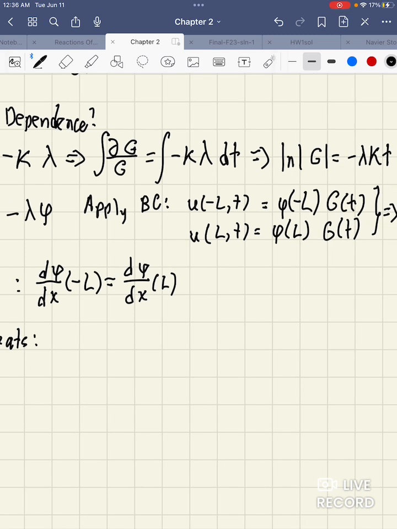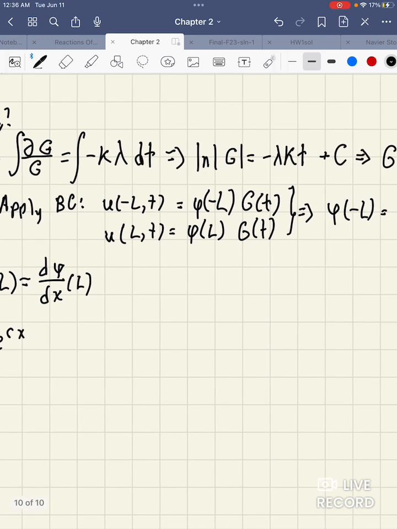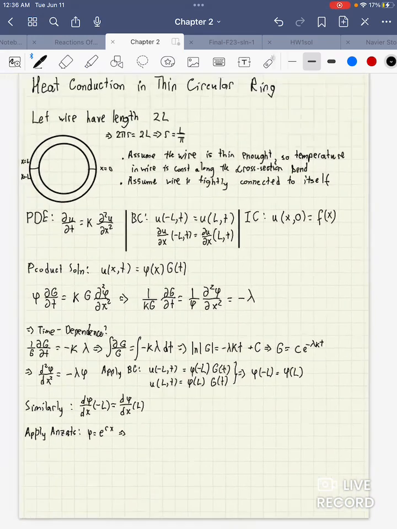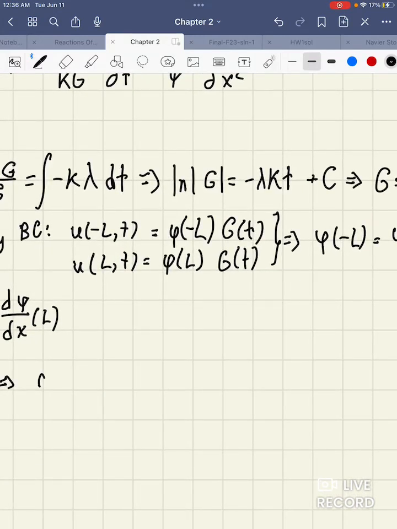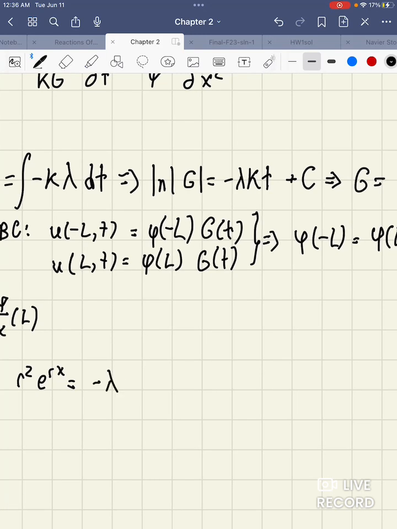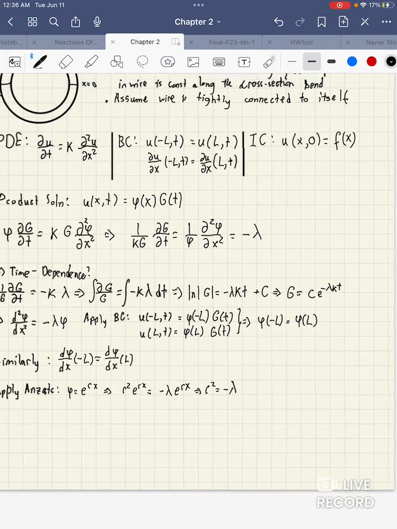Our ansatz is that phi is equal to e to the Rx. Therefore R squared e to the Rx is equal to negative lambda e to the Rx. So R squared is equal to negative lambda.